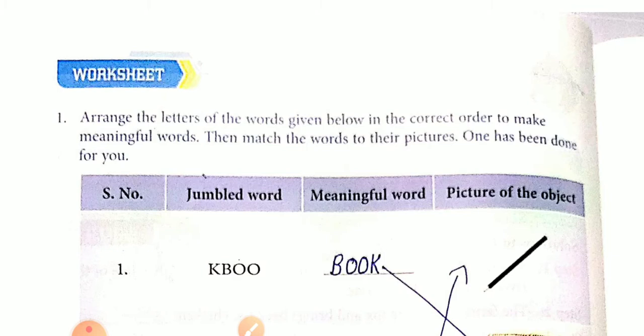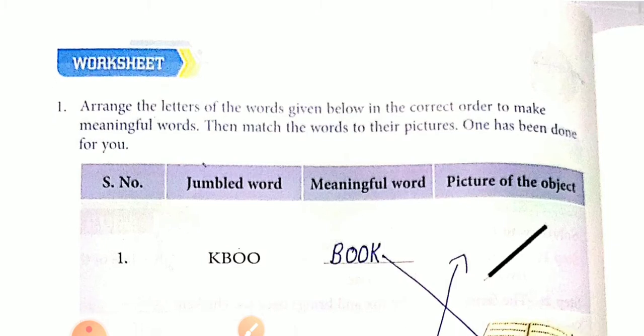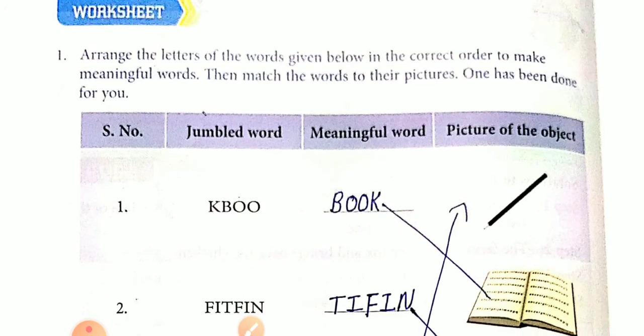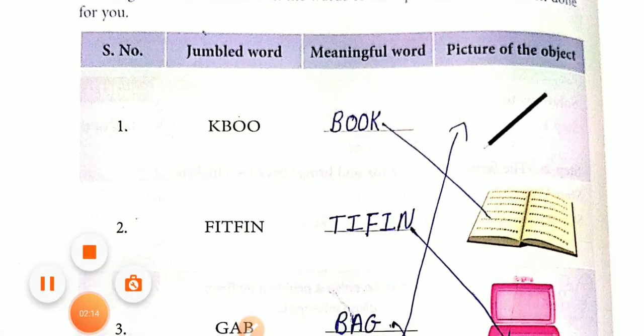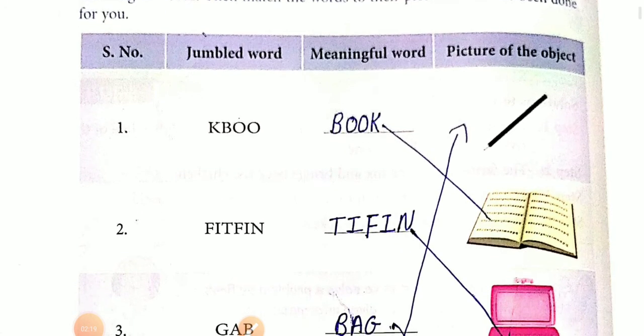Question number 1. Arrange the letters of the words given below in the correct order to make meaningful words. It means the words are jumbled, and you arrange them into meaningful words, and then match the word with the pictures. Question 1, the jumbled word KBOO.